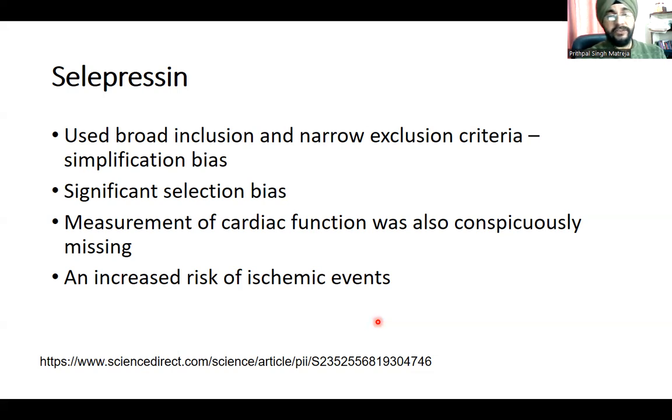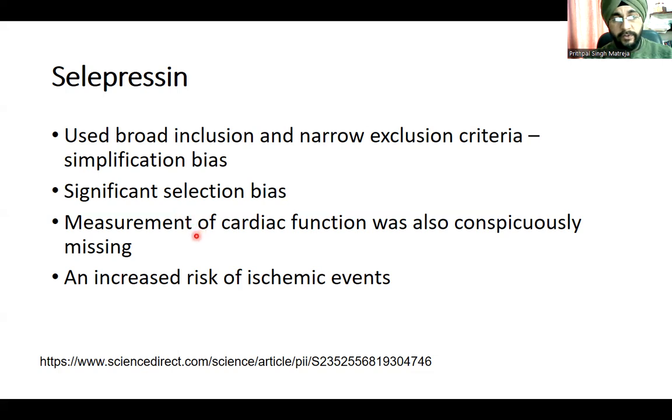They also said there was significant selection bias, because there were so many ICU patients and around 28 centers over a period of around 15 months, yet only a limited number of ICU patients were enrolled.